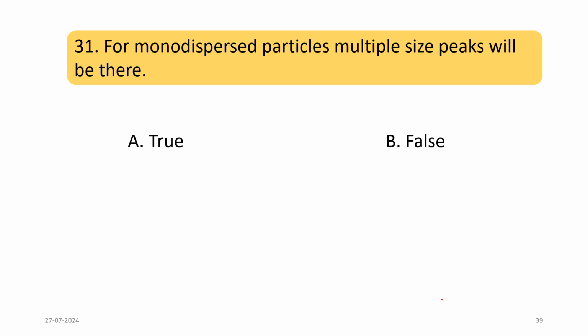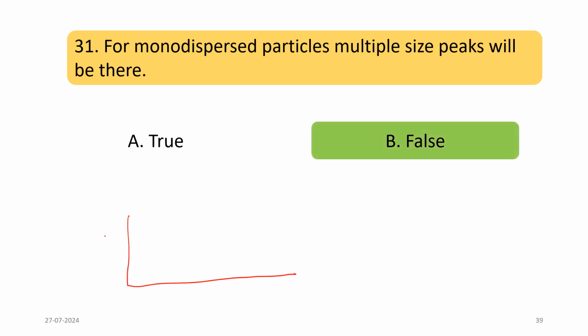That is false, because if you see the size distribution curve, monodispersed particle means it has only one type of particle. So why would it have many peaks? It will have only one peak.